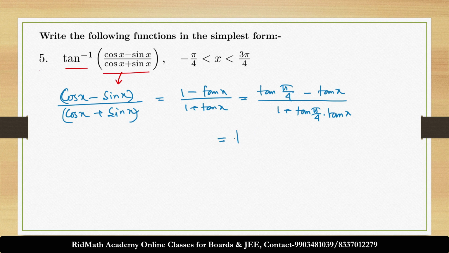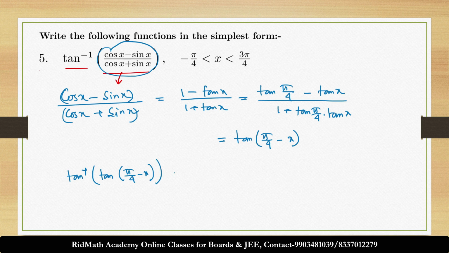So this is tan of pi by 4 minus x. So now we get this quantity as tan pi by 4 minus x. So tan inverse of tan pi by 4 minus x, that means pi by 4 minus x. This is the answer, or this is the simplest form.